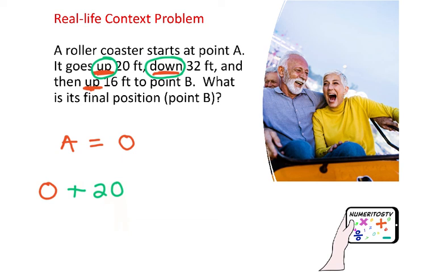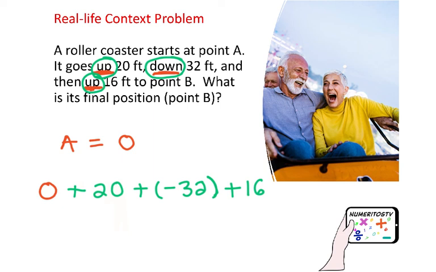That means that you are going negative 32. So that means that you're adding negative 32. Down represents negative. And then again, you go up 16. So this is my mathematical sentence.